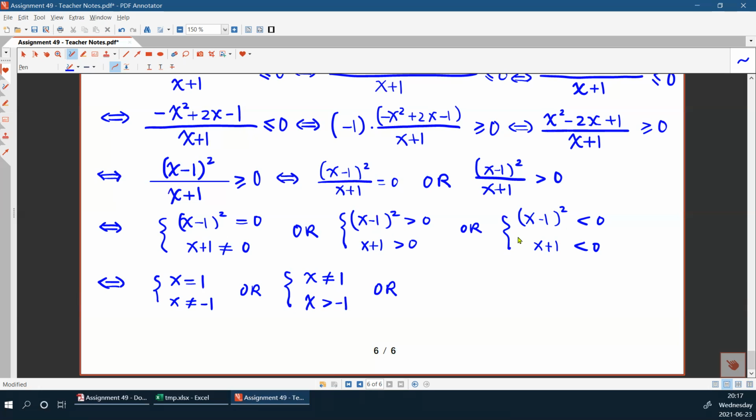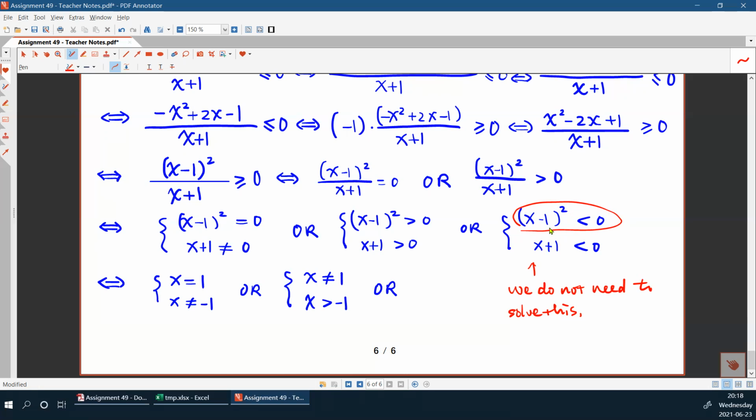Okay, so what is the solution of the third system? Do we still need to solve this or not? No, we don't need to solve this, right? Okay, I'll give you a hint. We do not need to solve this, because at first glance, some number squared is less than 0. This cannot happen, right?